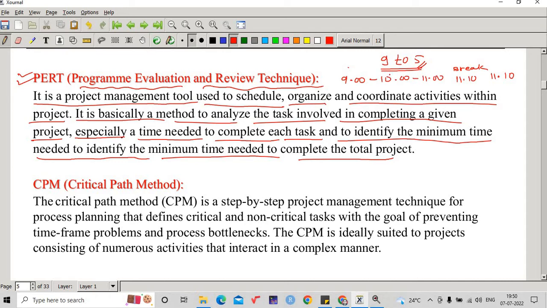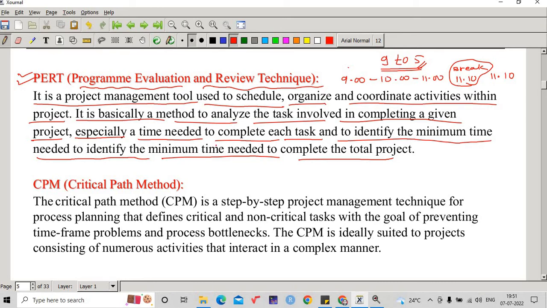If 9 to 5 is a very stringent time that we need to follow, in that case, suppose there is any particular bit which I need to extend, and I have to give you a few examples or problems in that regard, then I can utilize this 10 minute break to cover up my activity of giving you problems or solutions, and I will finish the entire day's teaching, the entire day's project, sharp at 5 p.m. So readdressing and remanaging the times given to the activities is nothing but the PERT analysis.